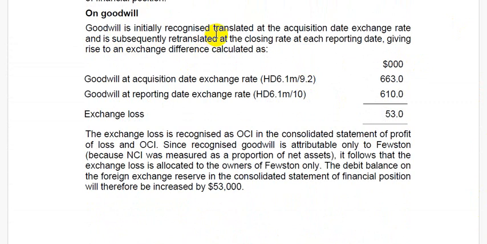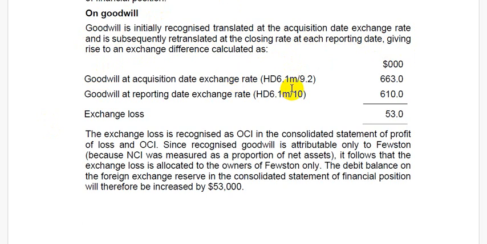So goodwill is initially recognized, translated at the acquisition date exchange rate, and then subsequently retranslated at the closing rate at each reporting date, giving rise to an exchange difference.